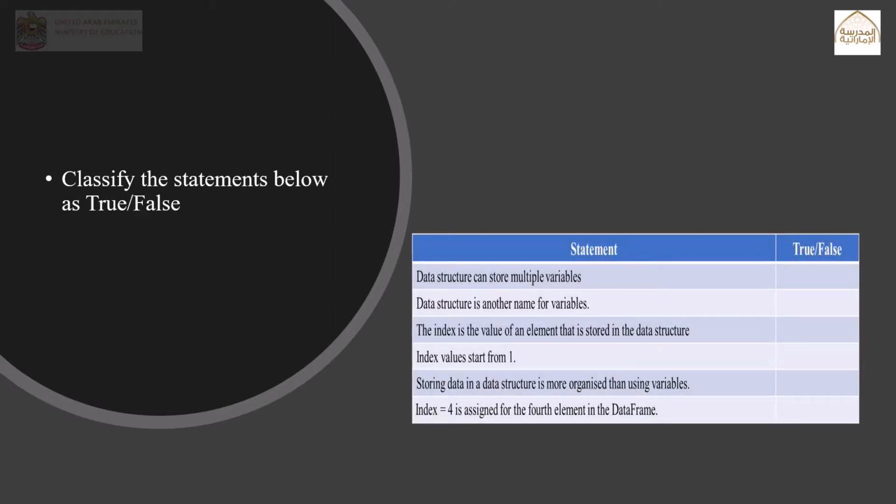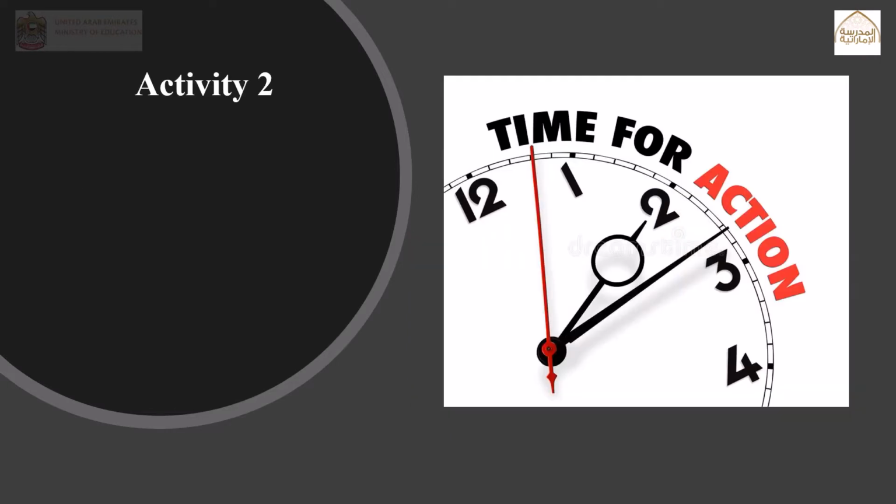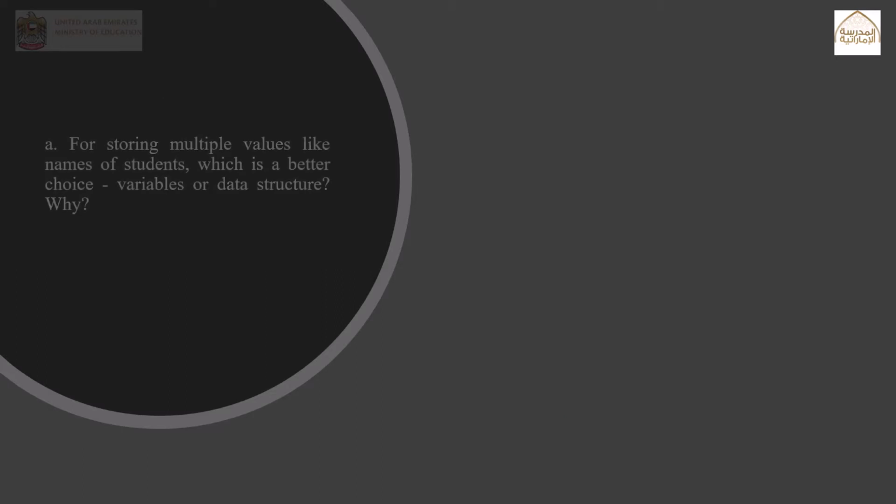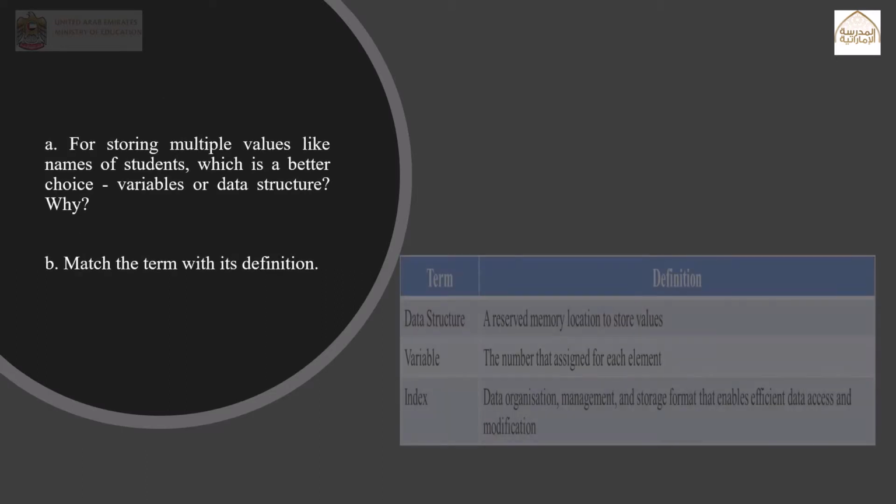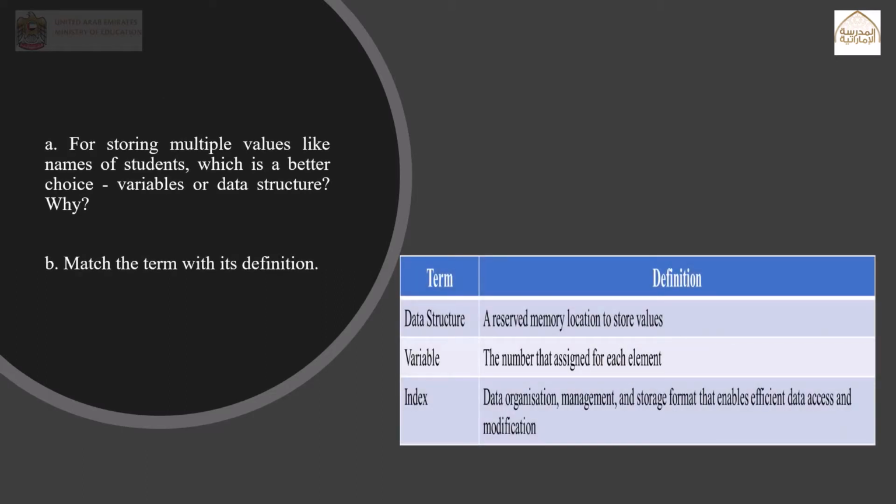Please pause the video and complete the activity. And now the final activity. This is an individual activity, and you have 5 minutes to complete the activity. Please pause the video and complete the activity.